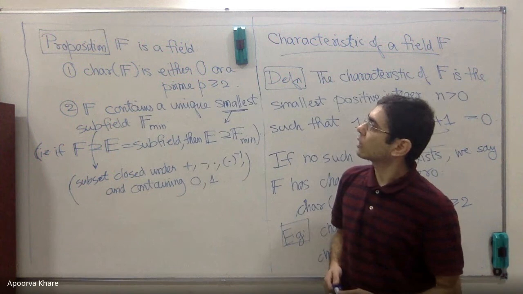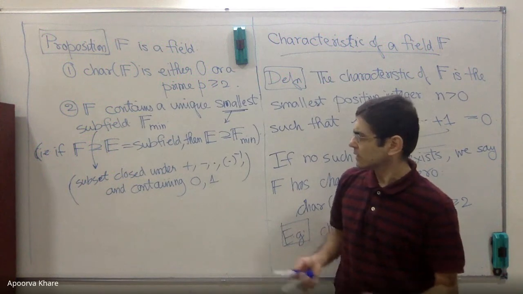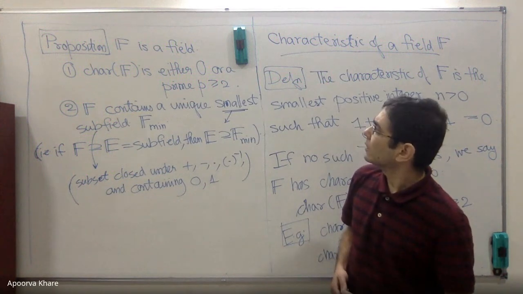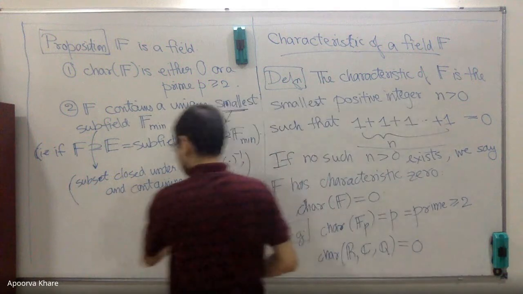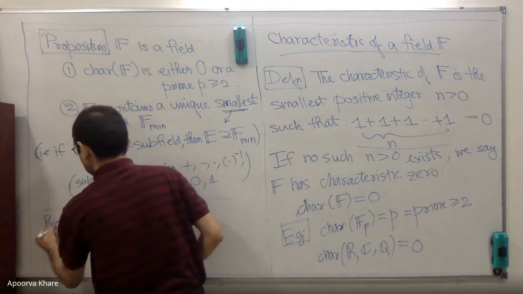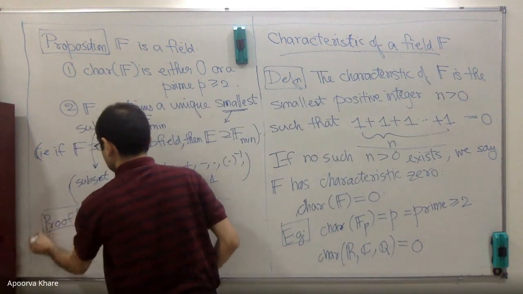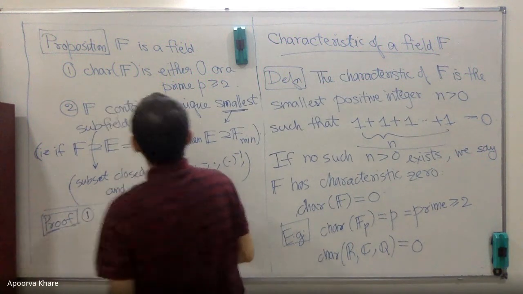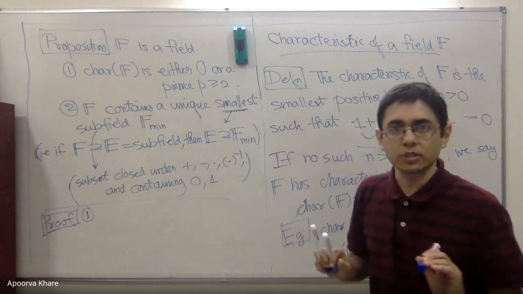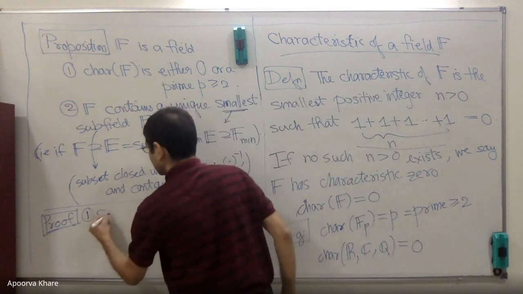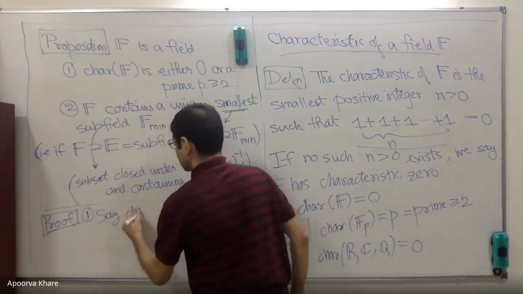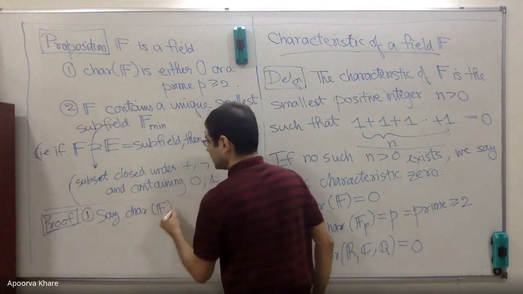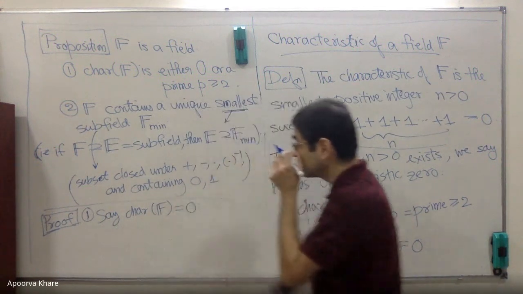So now let us see the proof. Maybe I can write the proof. Part 1. Suppose the characteristic is not 0.